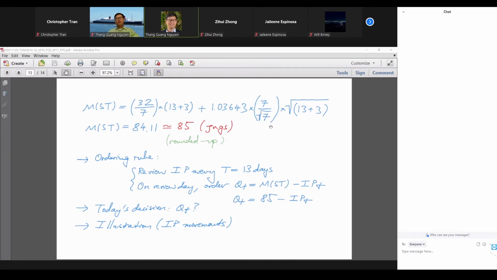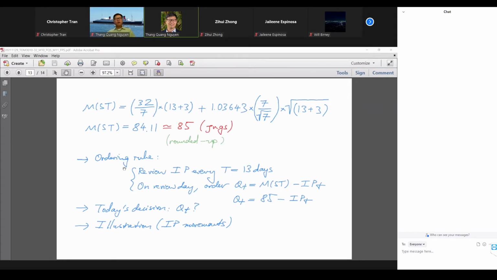So we have the standard deviation per day, and then you scale it up to the full 16 days, right? So at the end, we have the maximum level to be 84.11, but because we talk about the meal jugs, we will need to round up to be 85, right? So 85 meal jugs as a maximum level.